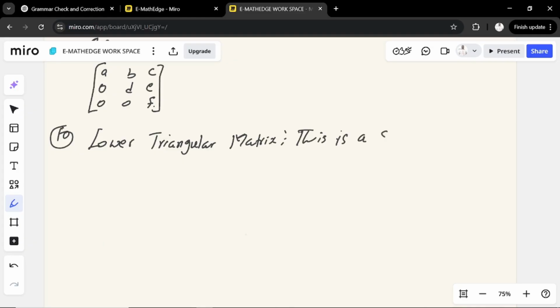This is a square matrix where all the elements above the diagonal are zero.